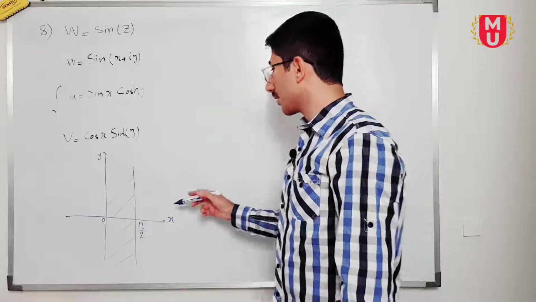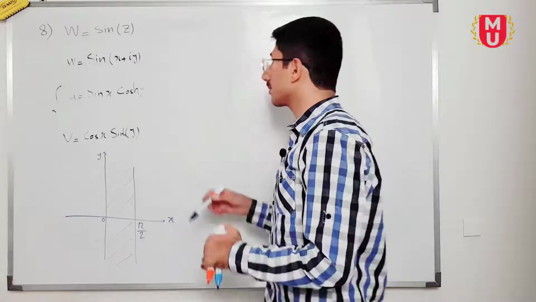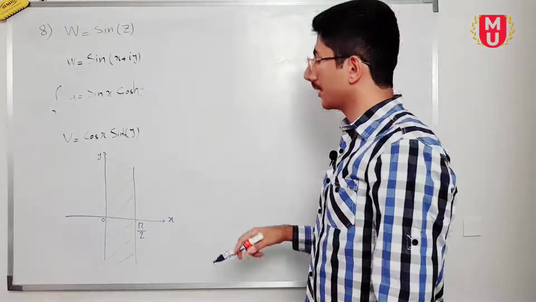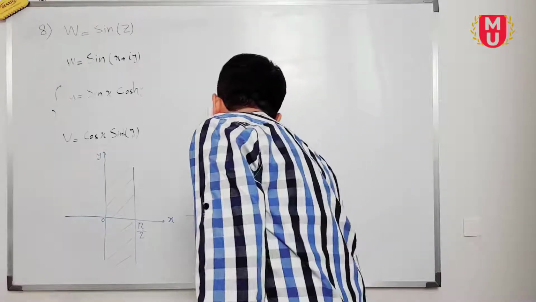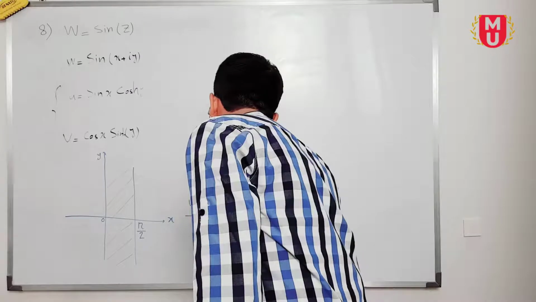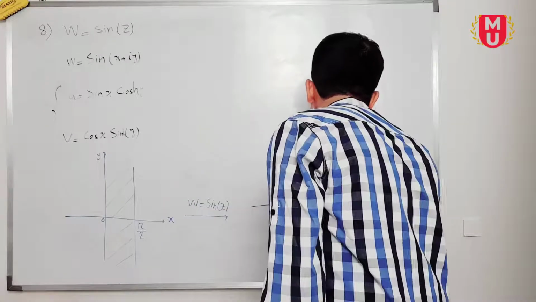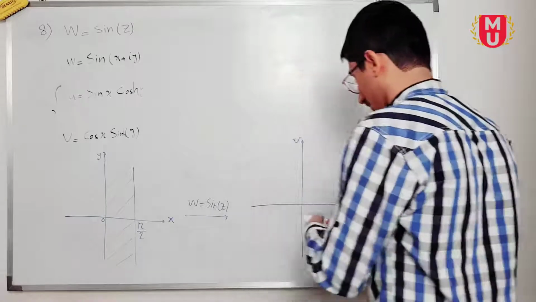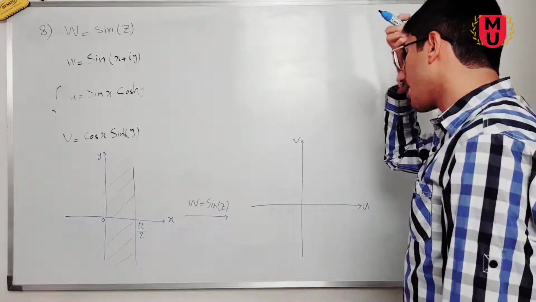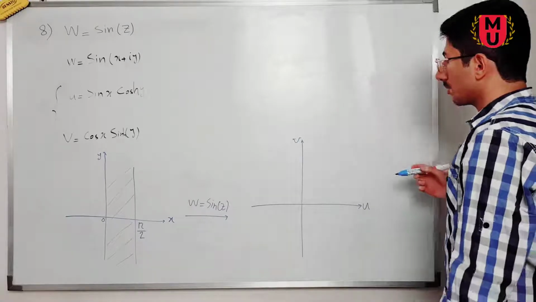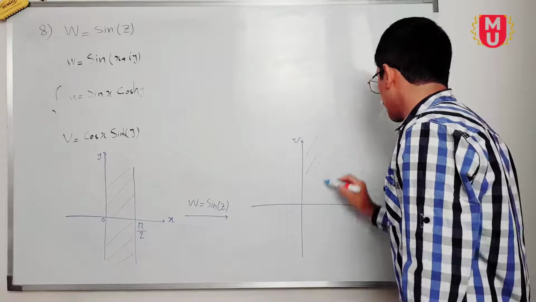Okay, as an example, we want to find out what this region will become under the sine mapping function. Okay, I draw another graph. This is u and v. Under sine mapping, it becomes bigger in space, like an expansion, looking like this.